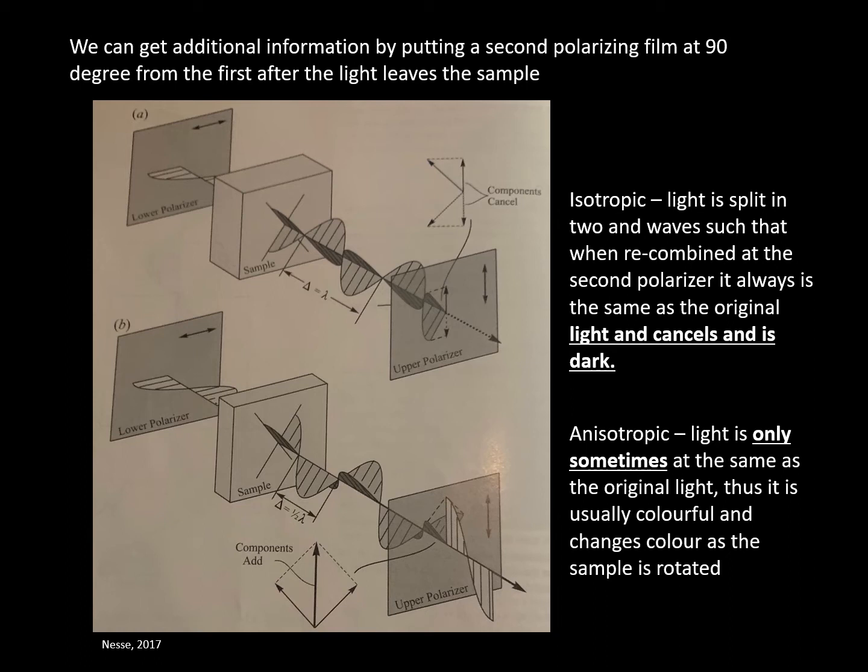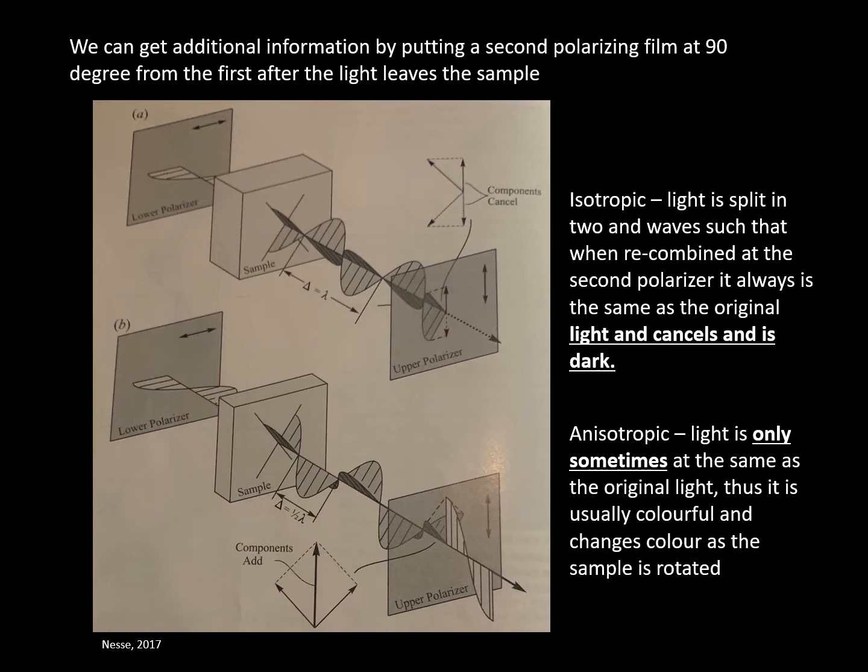So I'll just define these two terms quickly. There's isotropic, and this means that for an isotropic mineral, the light that leaves the sample is the same as the light that enters the upper polarizer. So the sample doesn't really change the orientation of the light.